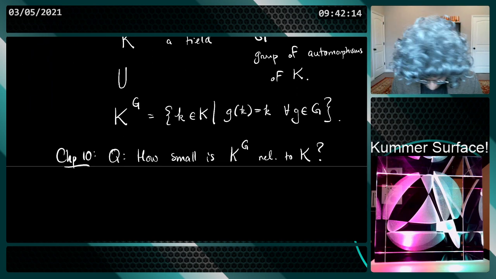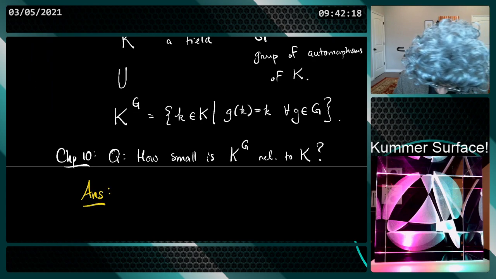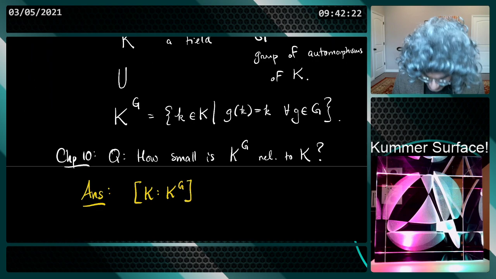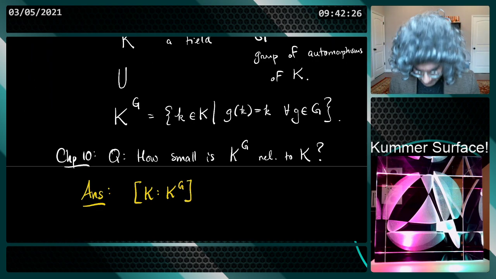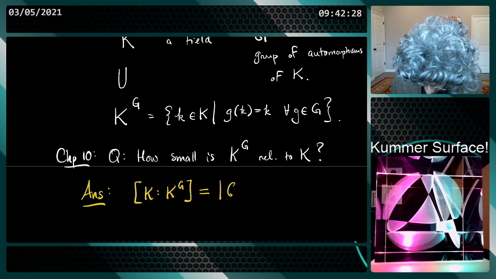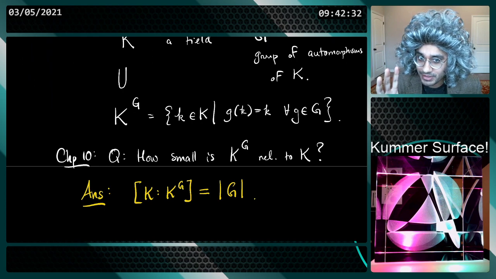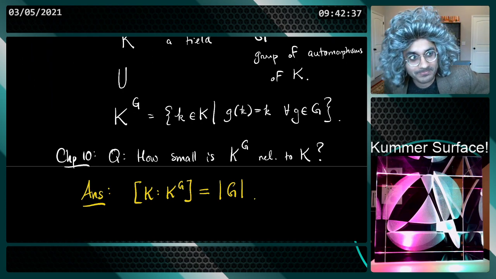And here's the ultimate answer that chapter 10 gives. The degree of this field extension is the size of the group. Very clean statement. It's as big as the group is.